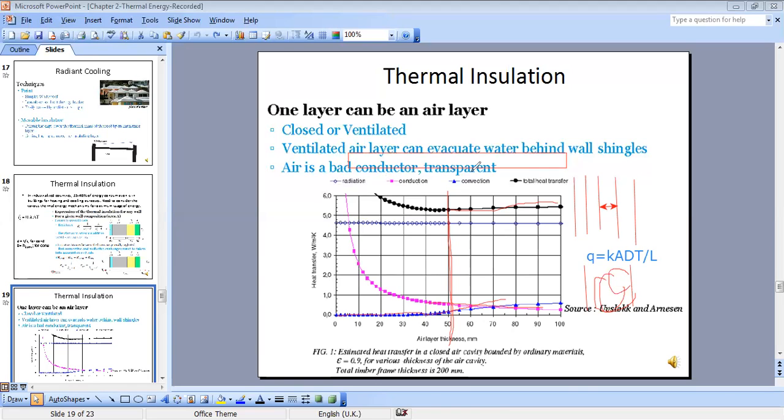Now, can you give me an idea to reduce the total heat transfer through the envelope? What can we do? If you look well, the highest proportion of heat is due to what in this figure?